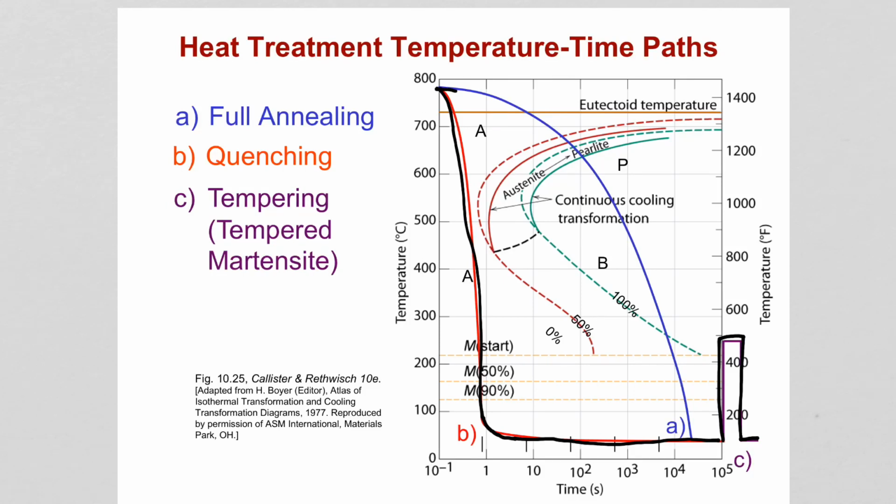Because we are going from the austenite region to the pearlite region, and remember, once the pearlite forms, even if you go back to room temperature here, it is still pearlite. Once the pearlite forms, it doesn't go back to bainite. Okay, you either go from austenite to bainite, austenite to pearlite, or austenite to martensite.